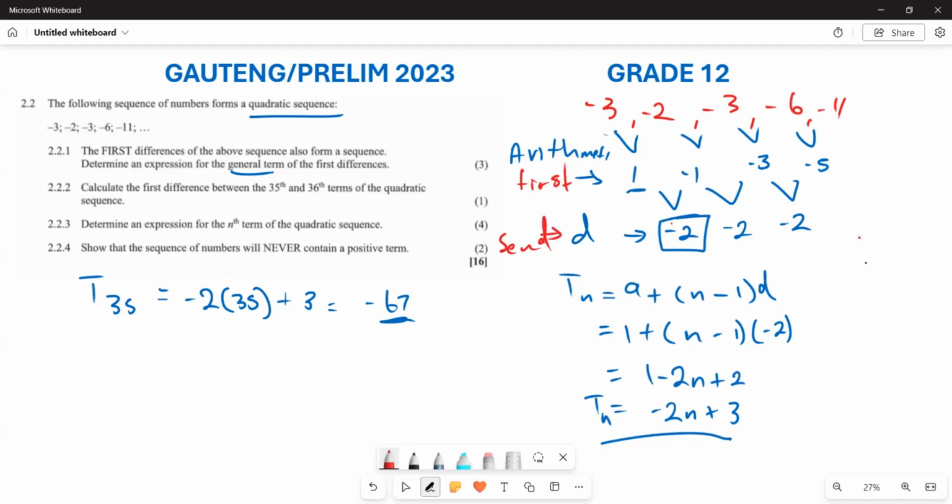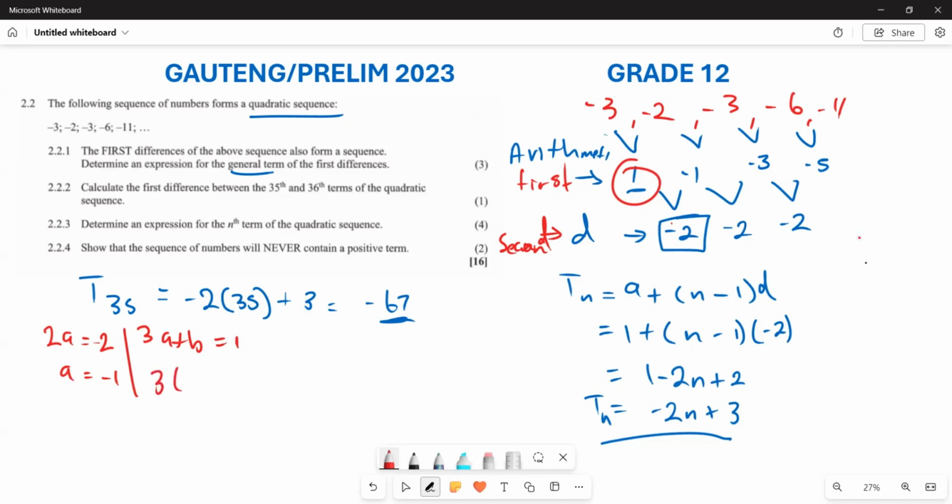So which means you can simply come back here and plug in. You are going to say, look, now your second difference is equal to 2a, which is equal to -2, which means the value of a is -1. Then the other one is 3a plus b equals what? Equals your first term here, which is 1, right?